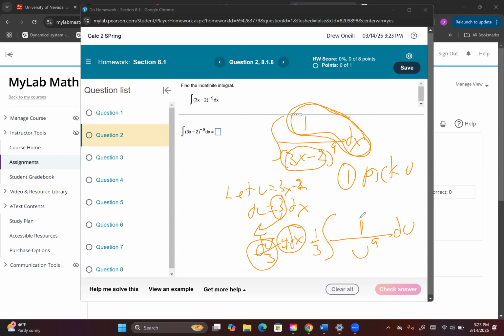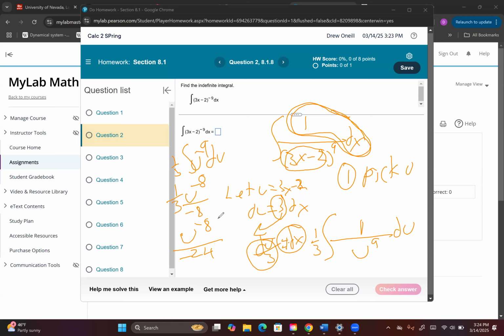Then what we do is, let's write it up here, we have 1/3. Let's write 1 over u to the 9th as u to the negative 9 du. And then we use the power rule, add a 1 to that, becomes u to the negative 8 divided by negative 8, which is u to the negative 8 over negative 24.